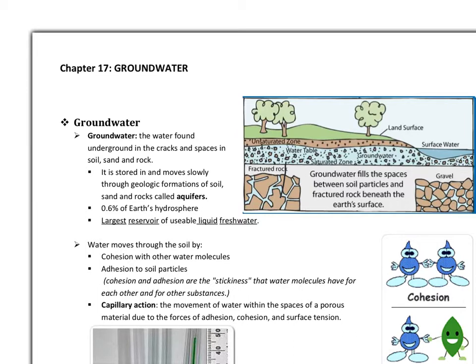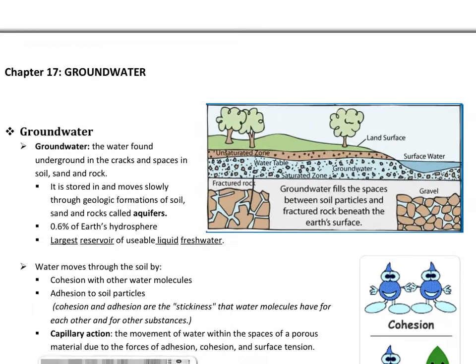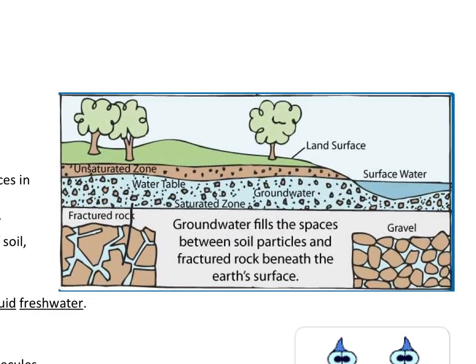Okay, so how does this water get into the ground? Well, we have infiltration in the hydrologic cycle, when water hits the ground and starts to seep down into the soil. If you look at this diagram over here, this shows you the different levels of what's going on inside the ground.